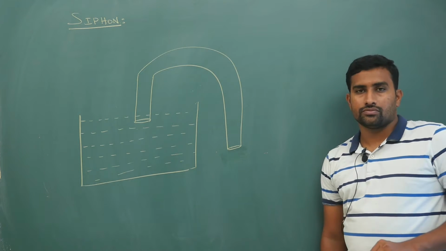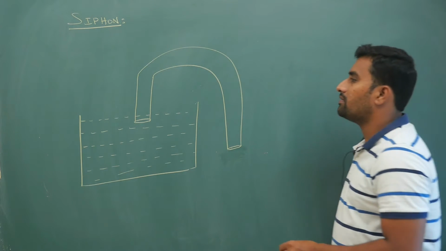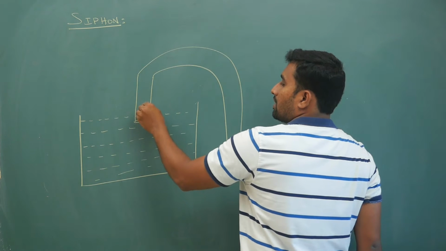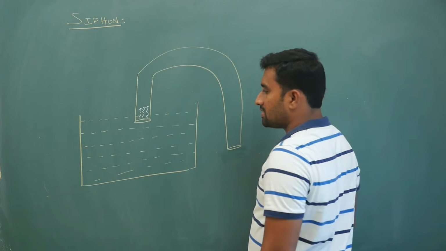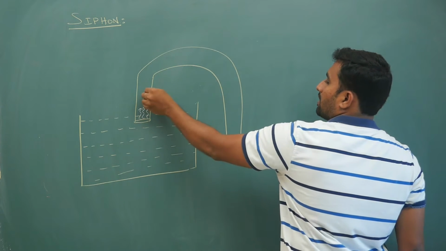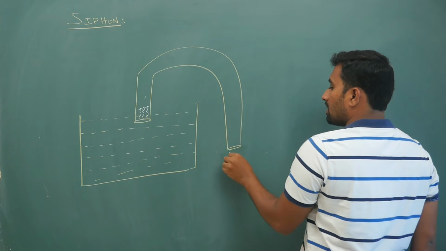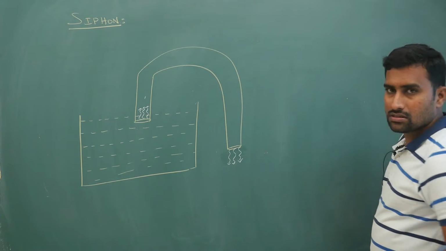Here what will happen is your liquid will start moving in the tube like this, with uniform area of cross section, and it will start coming out of this end. This is your siphon.